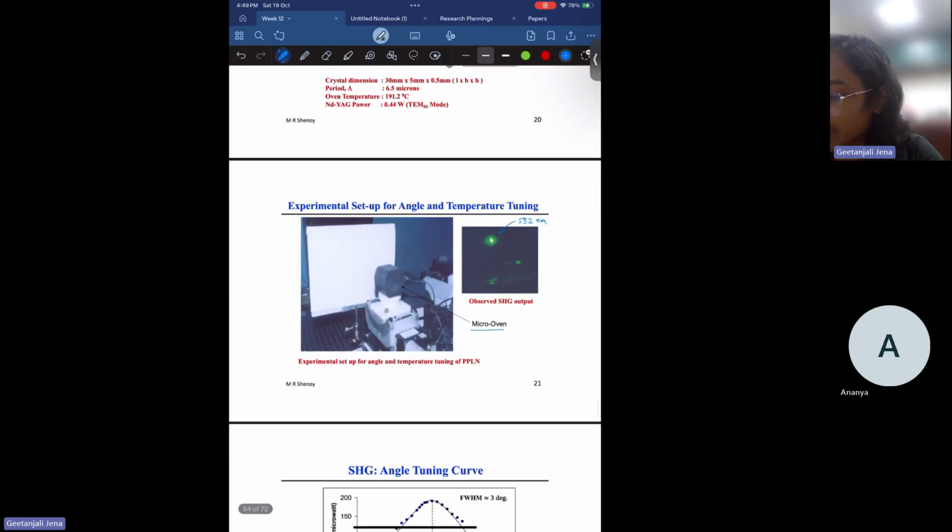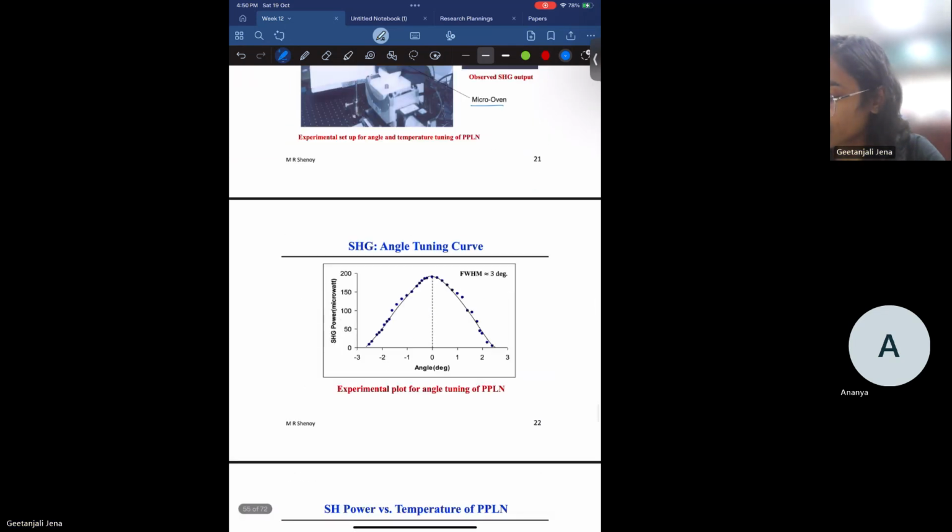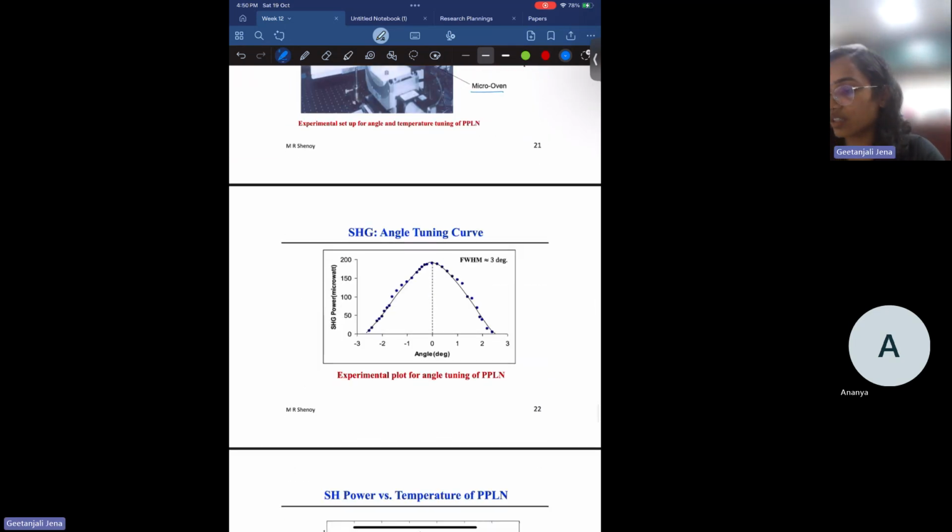So this is the experimental setup where they changed two parameters. One is the angle and one is the temperature tuning. So depending on the angle as well as temperature, the efficient interaction will also change. This is the angle tuning curve.